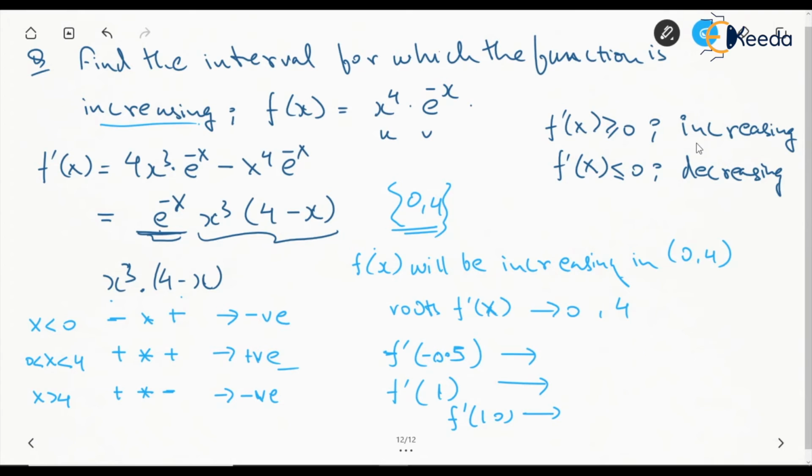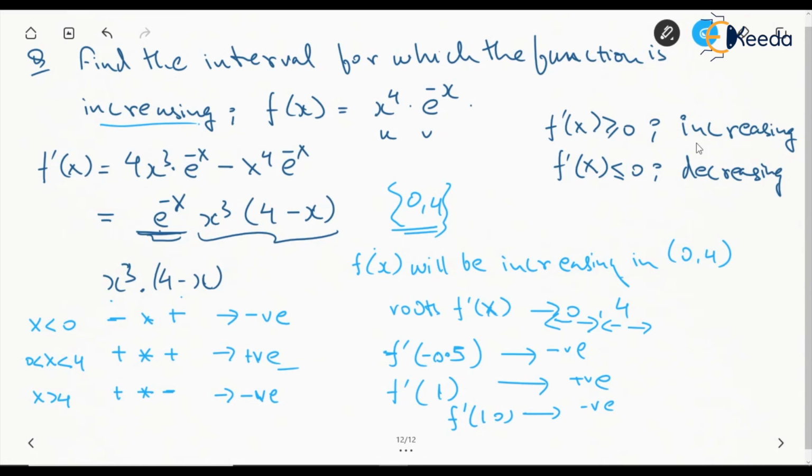The point is, when we have a finite number of roots, 0 and 4, we cannot have a change of sign of this derivative everywhere. We'll have it either before 0, after 0, before 4, or after 4, right? In that sense, we can see that f dash of minus 0.5 is negative, then positive, and then negative. I'm not talking about the exact value, you can find it.